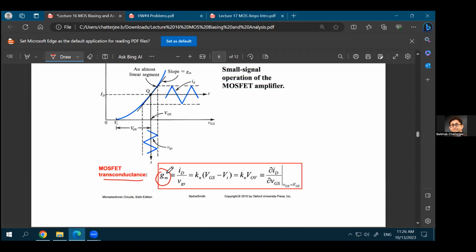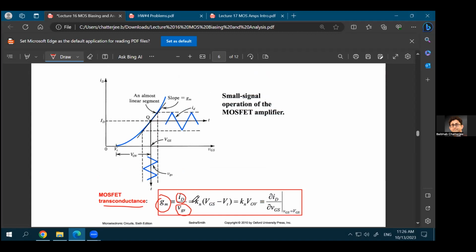The subscript M represents that it's a mutual transconductance between the input and the output. The gate to source voltage is your input voltage and your drain current is your output current. So it's a transfer quantity between your input and your output. That's why it's called a transconductance.